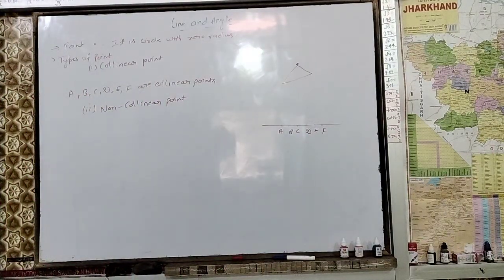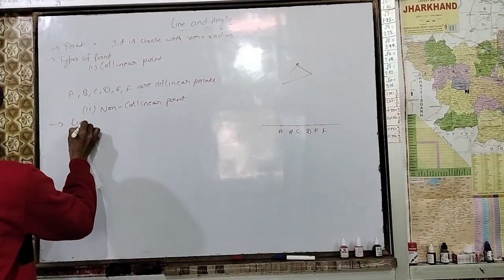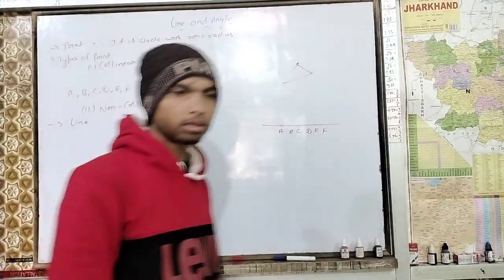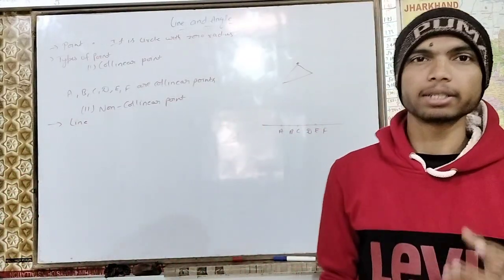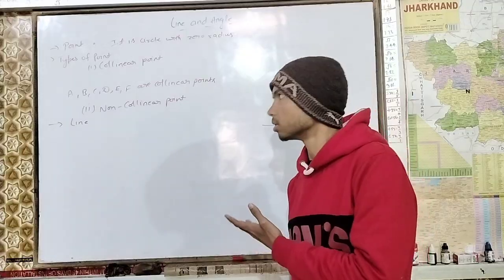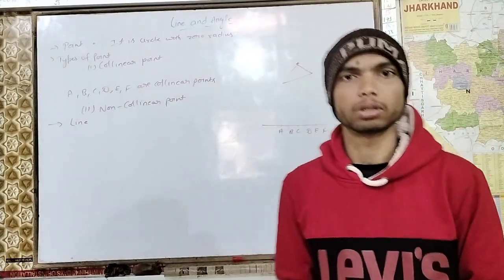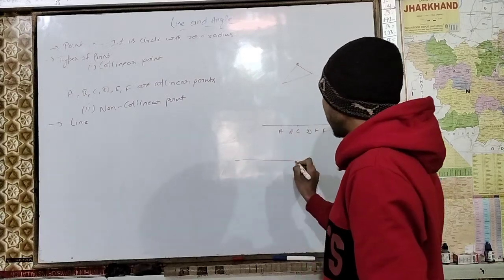Now next, we have line. How to define it? Do you have any reason or any definition for this line? We are familiar with this line word or figure. This is a line.